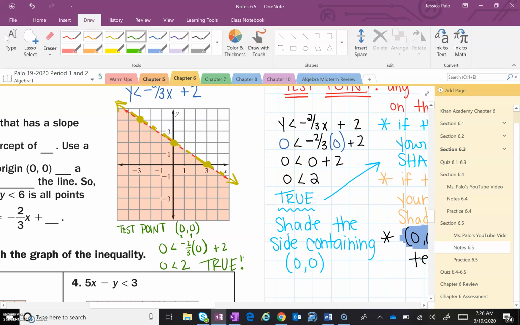That means you are going to shade everything that contains 0. You are going to shade the entire side that contains the 0. So you are shading everything down this way, this whole side. And there we go.